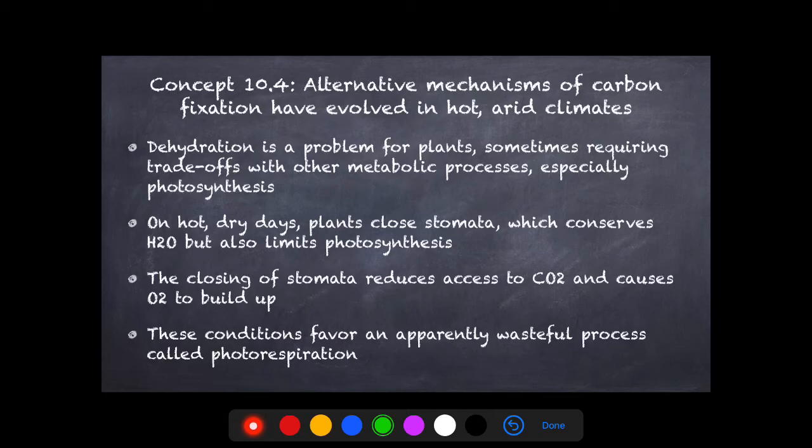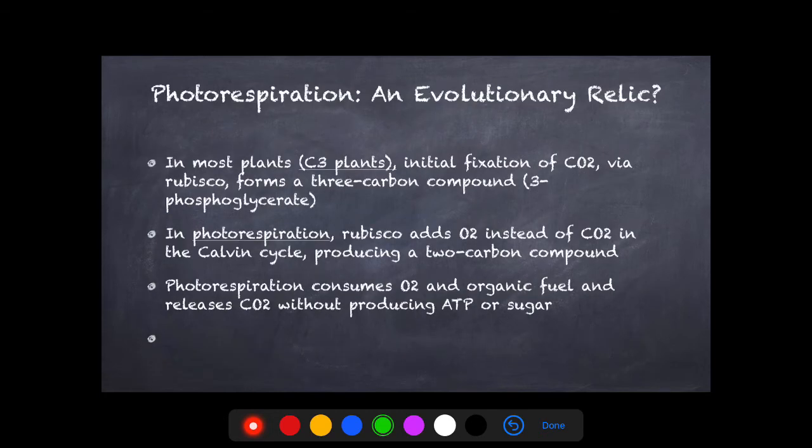The good thing, though, is that even though they have their stomata closed to conserve water and don't have a lot of CO2, oxygen keeps being produced because the light reaction is continuing to occur, and so is the breakdown of water. Now, this can lead to a wasteful process called photorespiration, okay, which we have right here. So there are ways that plants can protect themselves, but sometimes it can cause more harm than be an actual productive thing.